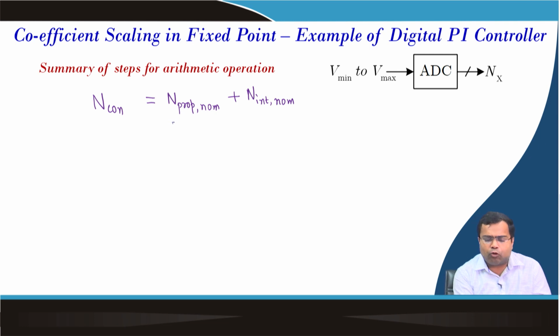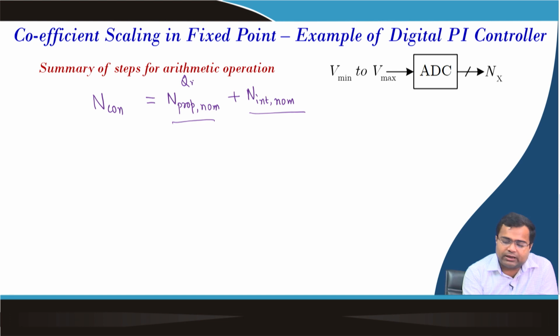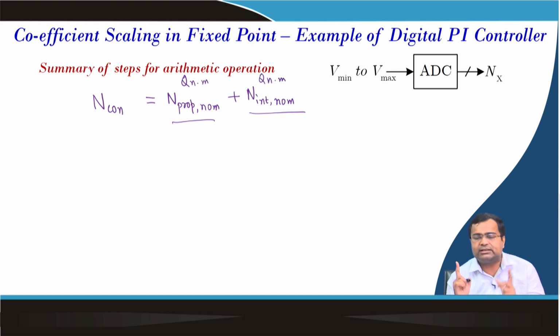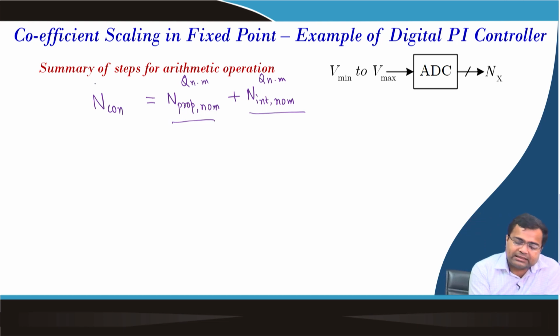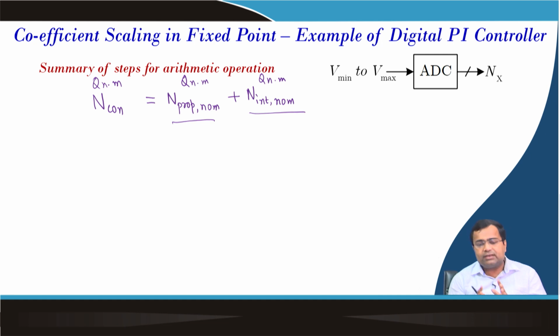They must have compatible Q formats, otherwise you cannot add them. So we are talking about N.M, and both must be N.M. What is N, what is M? That we will discuss. And if we add two numbers, in the worst case, if both numbers are maximum positive, there can be overflow.